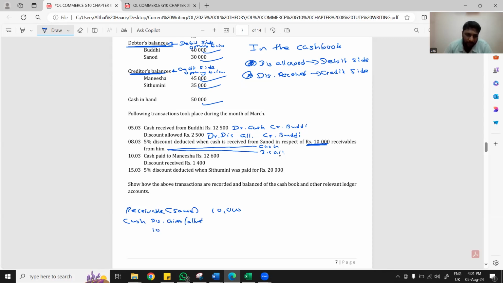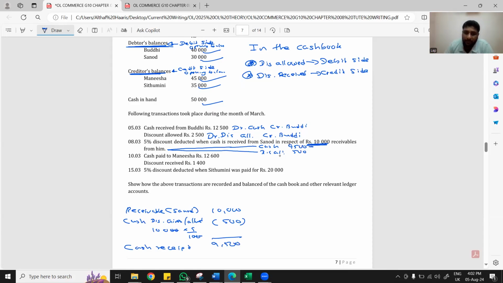So 10,000, 5% means it is 500. Then cash receipt is 9,500. So we are getting cash 9,500, and 500 discount given.